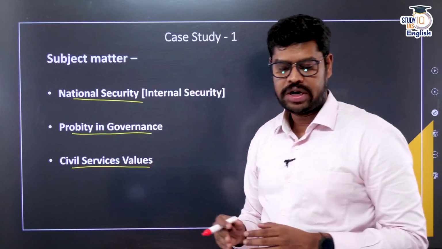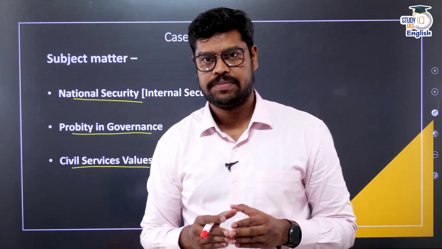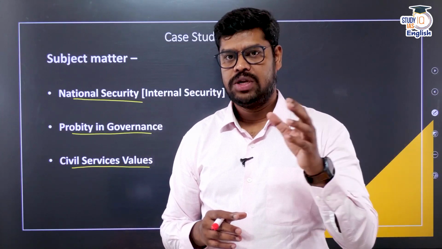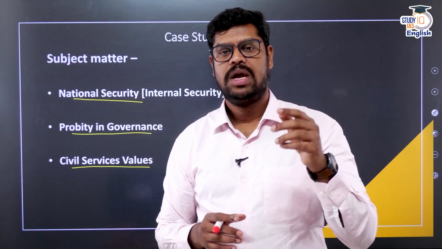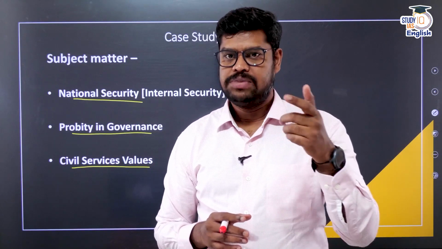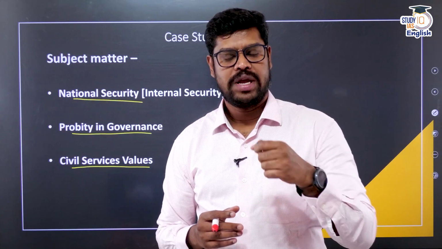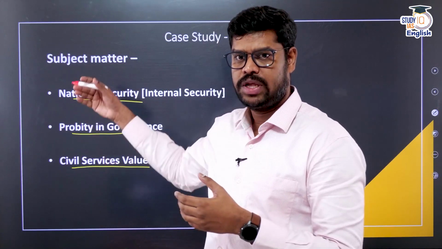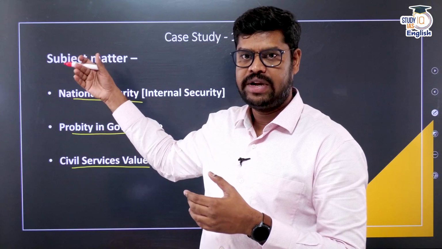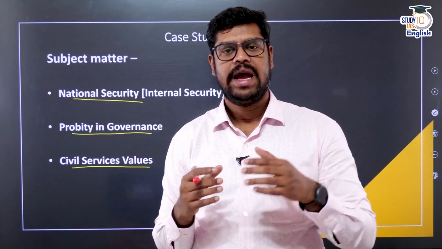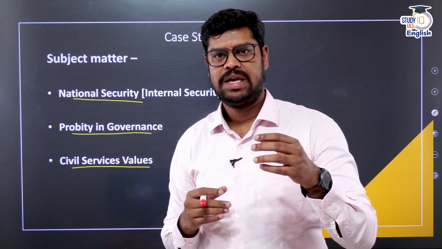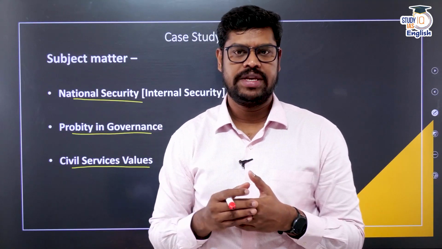and this issue is also related to civil service values. If you look at the civil service values as per your syllabus, it talks about the integrity and objectivity with which one has to carry out the service. One has to be dedicated to their service. Here you can see that the security personnel do not have dedication towards their service. Apart from that, it also talks about being compassionate and empathetic towards the weaker sections.